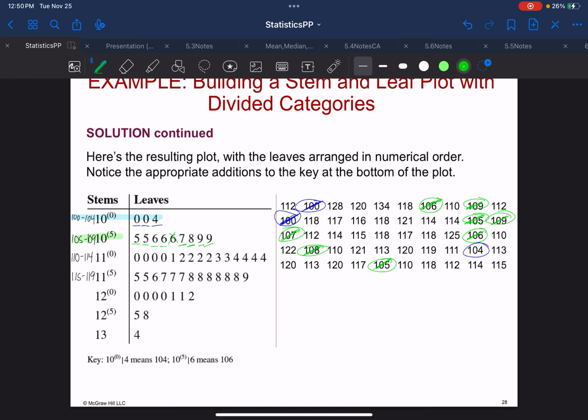Okay, and so forth. So the next one, you'd be looking for numbers that fall between 110 to 114.